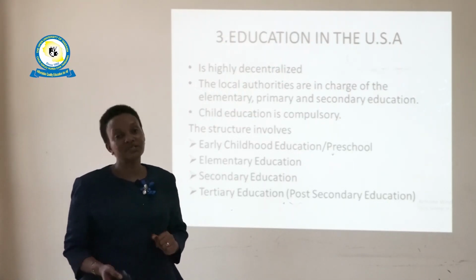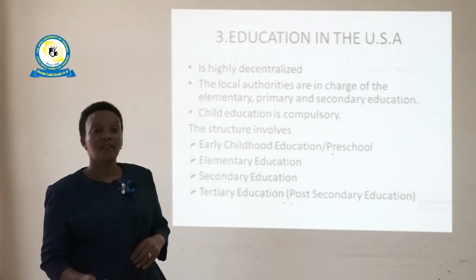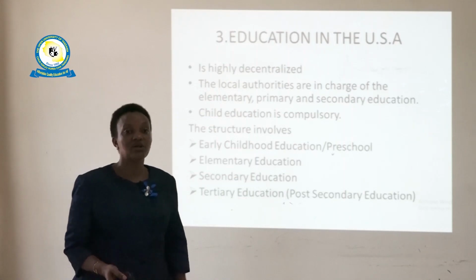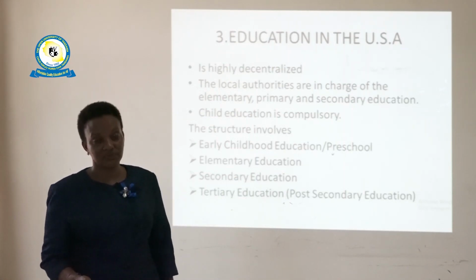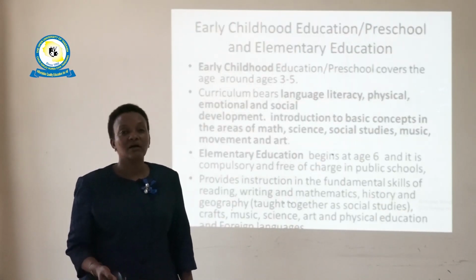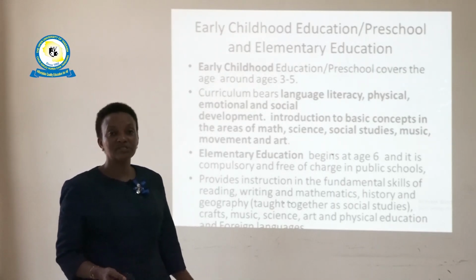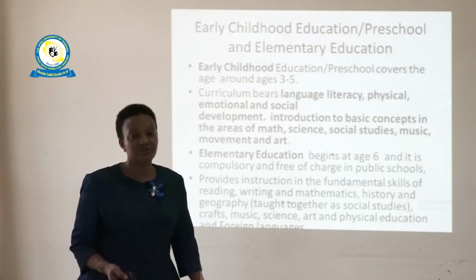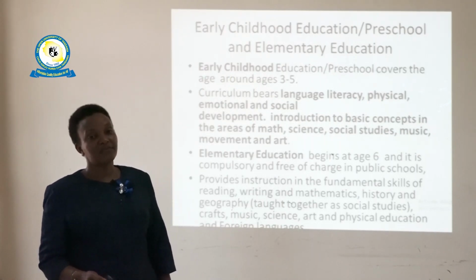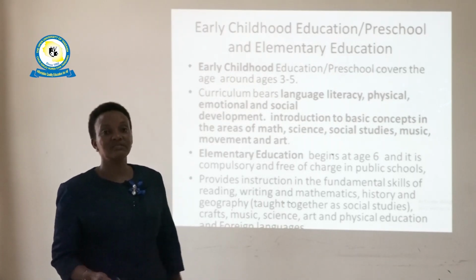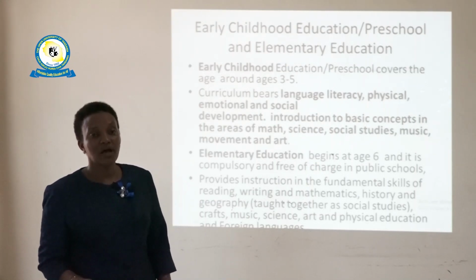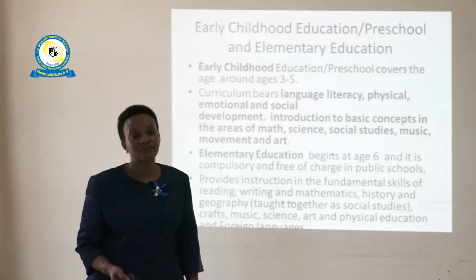The structure of education involves 4 stages: early childhood education, elementary education, secondary education, and tertiary education. The early childhood education covers the age around 3 to 5 years, and the curriculum bears language literacy, and physical, emotional, and social development.